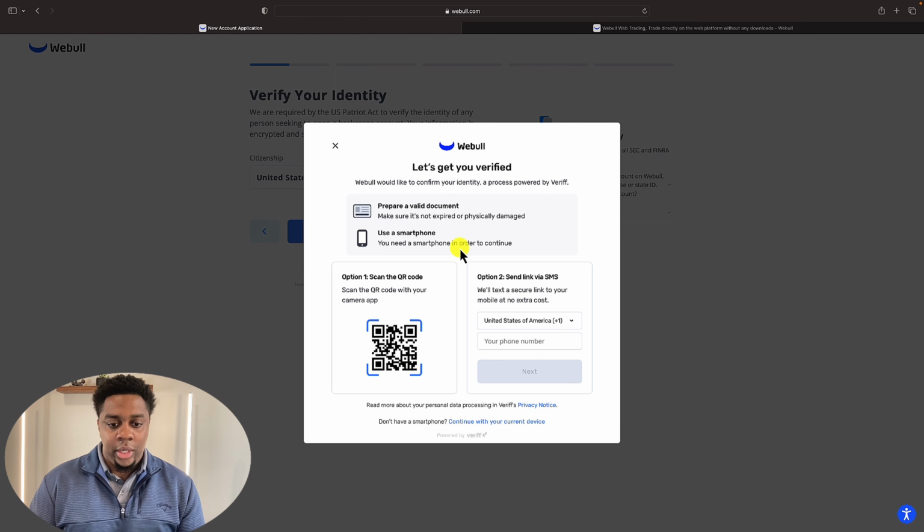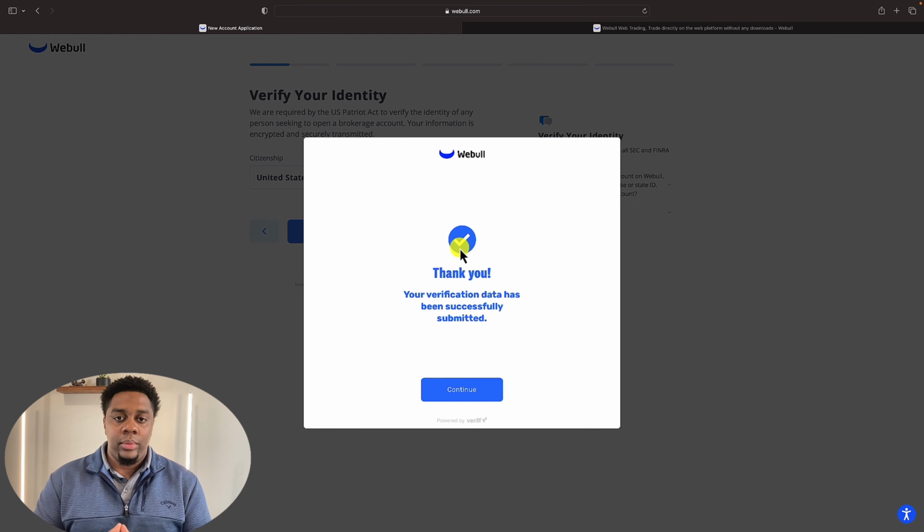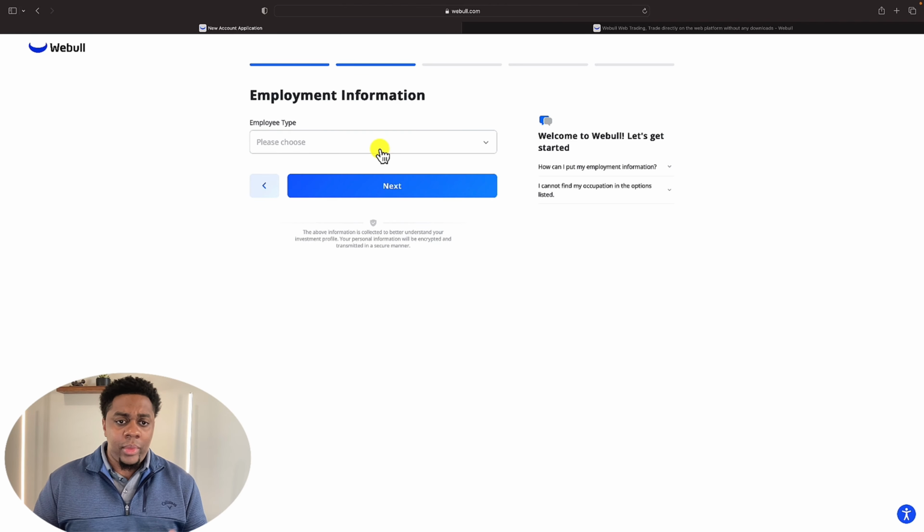Right. So on this, I'll use the QR code. Okay, so verify my driver's license. So we'll continue on. It goes through, asks some of your information, such as like social security, address, things of that nature. Now we're at the point where I'm putting in my employment. Okay, so we'll continue on, and I'll see you guys later.